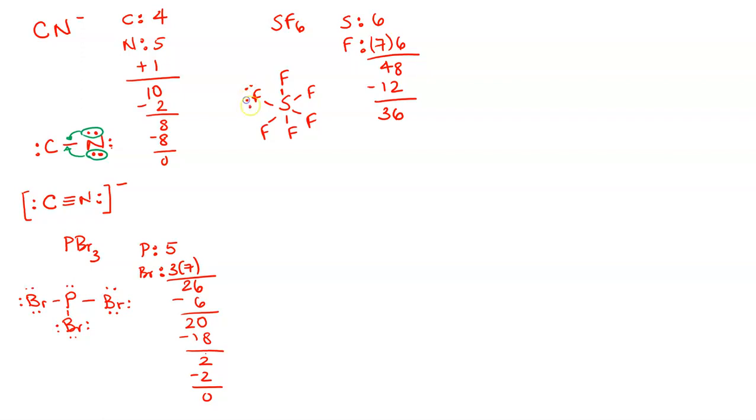So 2, 4, 6, 8, 10, 12, 14, 16, 18, 20, 22, 24, 26, 28, 30, 32, 34, 36. All 36 electrons are taken care of. Every single one of my atoms is happy. At least the fluorines are happy, and sulfur is super happy, right? Because it's got its octet and then some. This is a good Lewis structure.